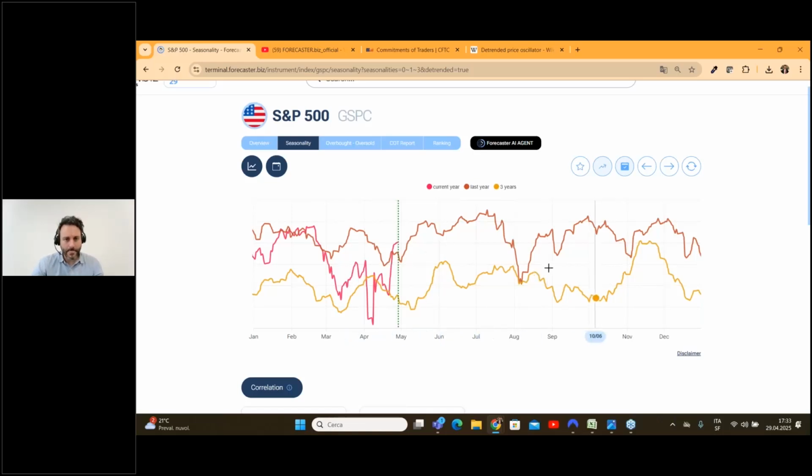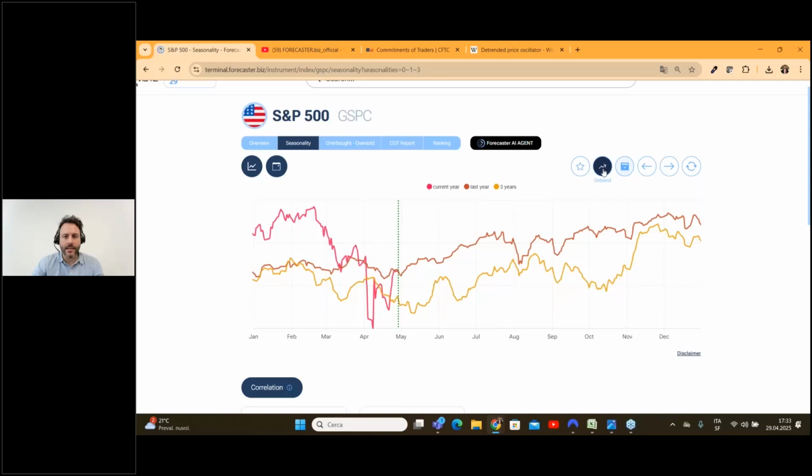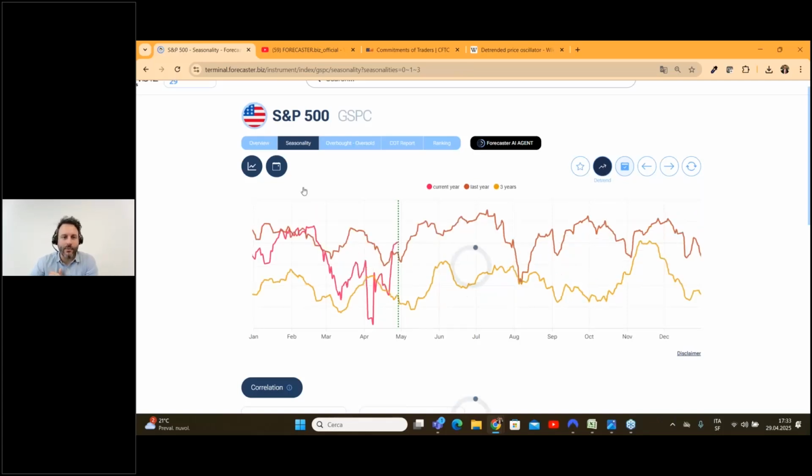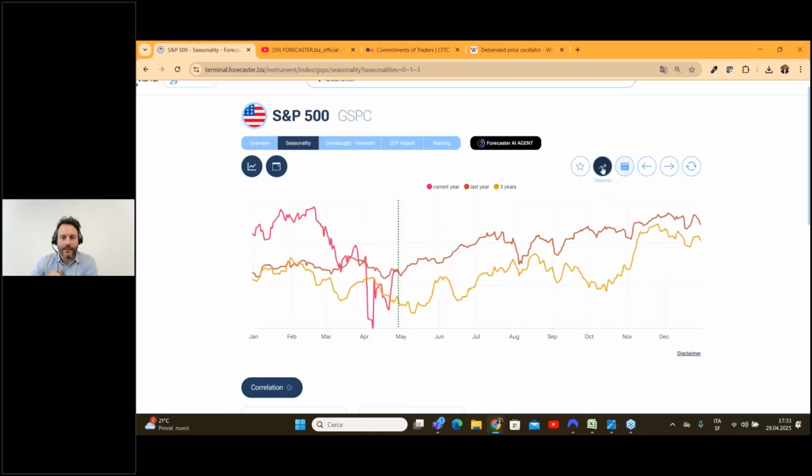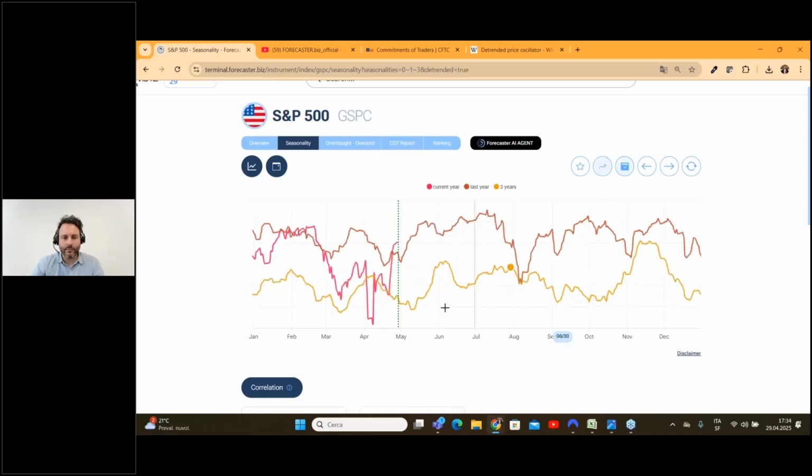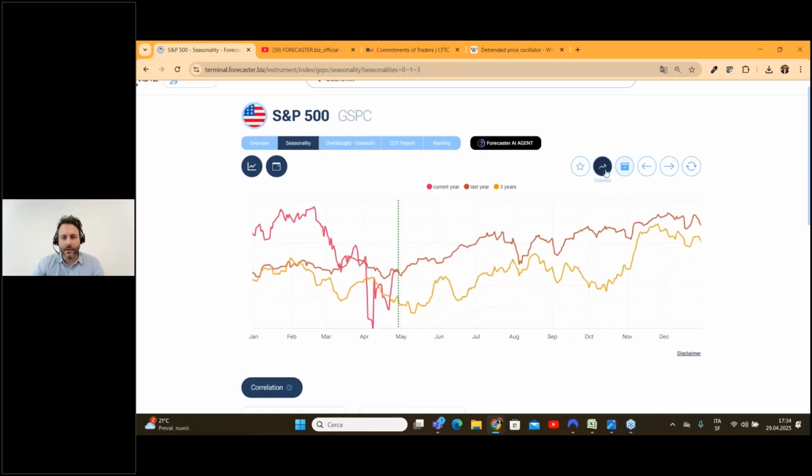So, for example, in this case, if you take away the trend from this seasonality, you can be more specific in analyzing and finding lows and highs. Very simple.